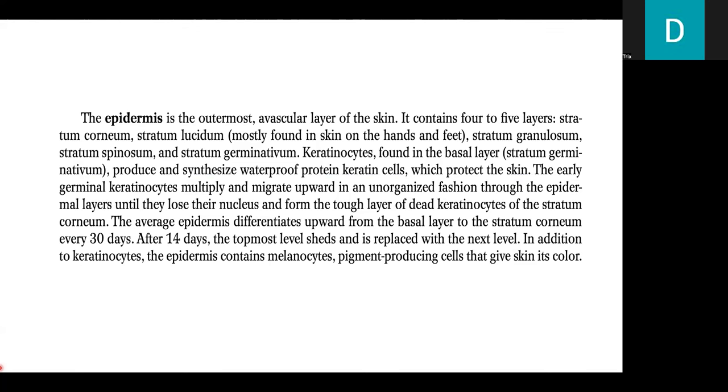The average epidermis differentiates upward from the basal layer to the stratum corneum every 30 days. After 14 days, the topmost level sheds and is replaced with the next level. In addition to keratinocytes, the epidermis contains melanocytes, pigment producing cells that give skin its color.